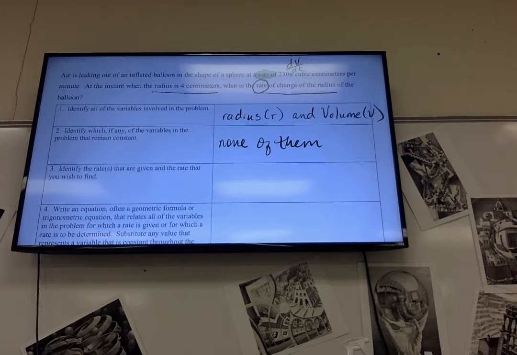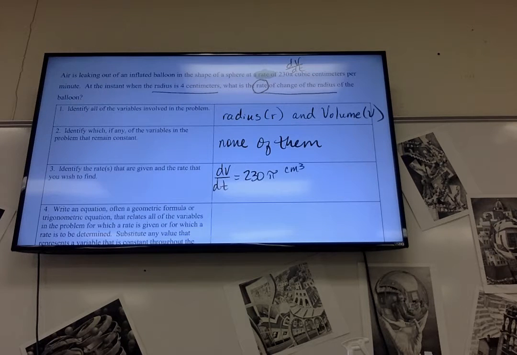Okay, and if it moves, identify the rates that are given and the rate you wish to find. The rate we got was 230. So dV/dt is 230. I'm missing something here.